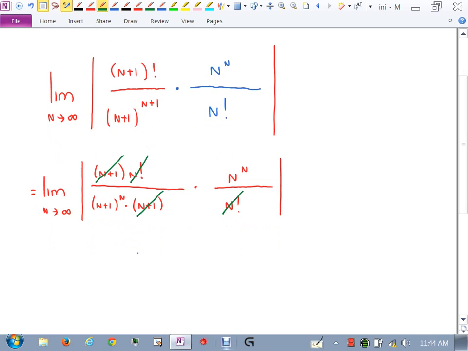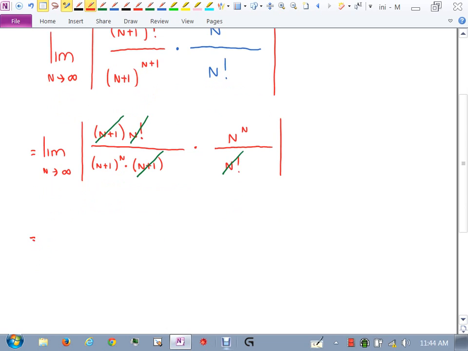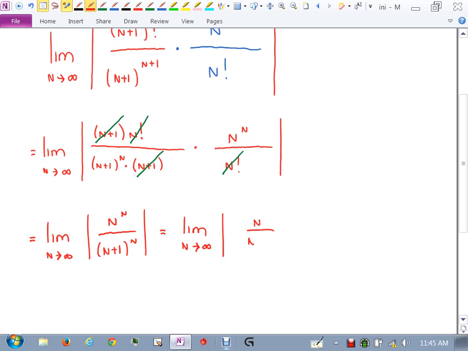All right, let's see what's left in here. We have n to the n over n plus 1 to the n. Is this not the same as limit n goes to infinity of n over n plus 1 to the n?